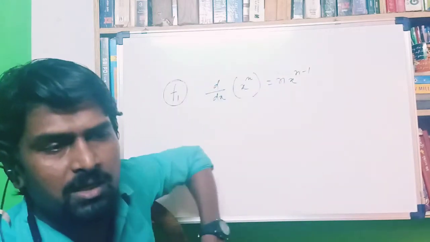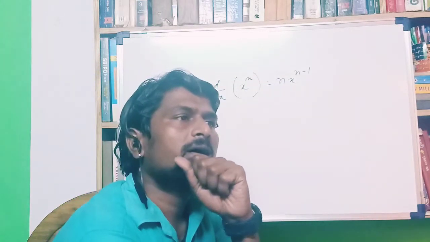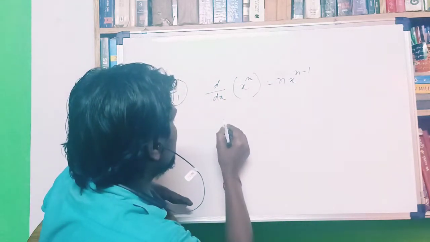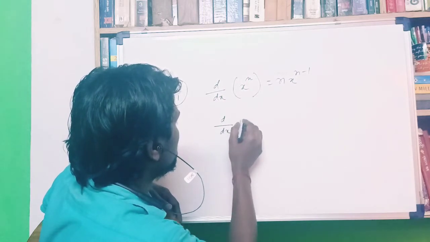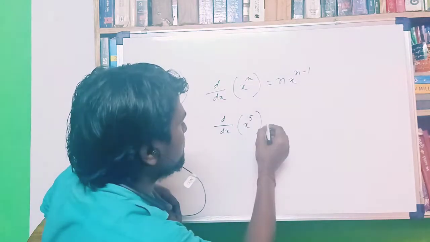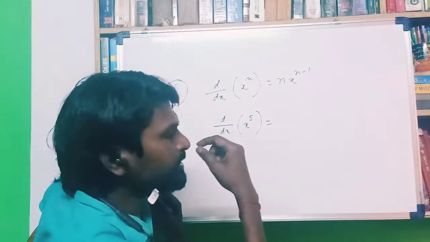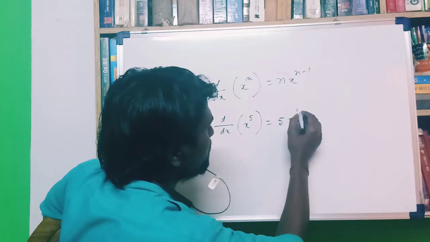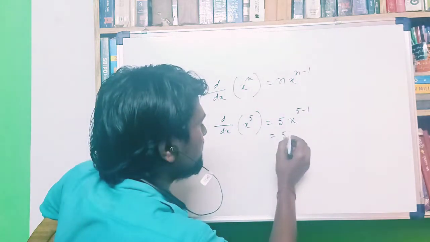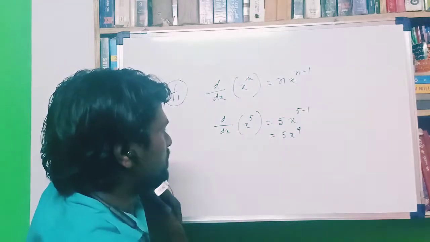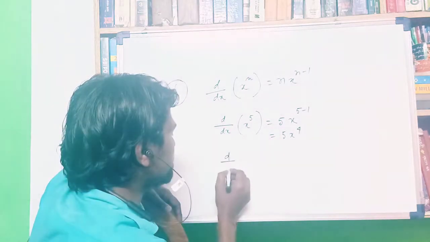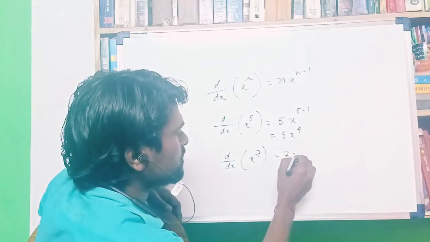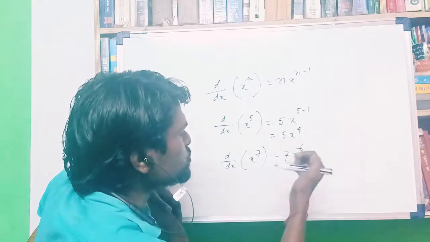As an example, d/dx of x to the power of 5, then similar to n x to the power of n minus 1, it will be 5x to the power of 5 minus 1, that is 5x to the power of 4. And similarly, d/dx of x to the power of 7 is 7x to the power of 6. So it is very easy.